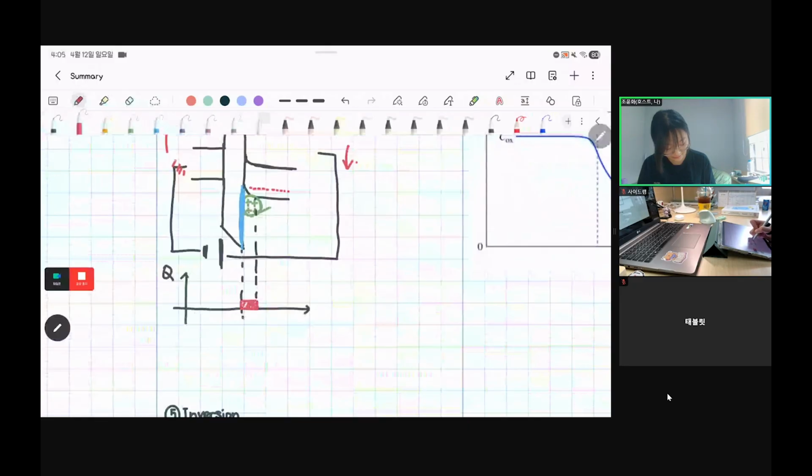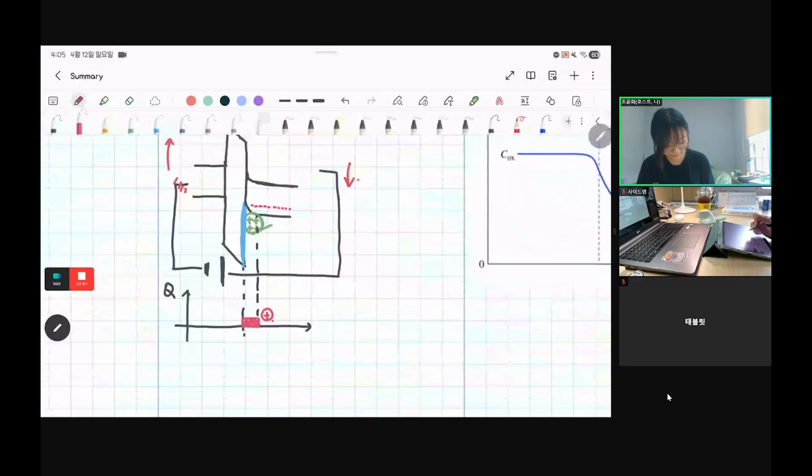There is a gained plus hole charge, and in this part we can gain a minus charge in here.